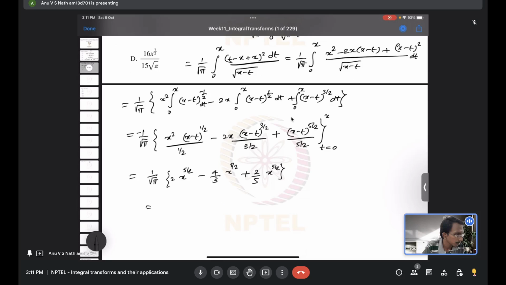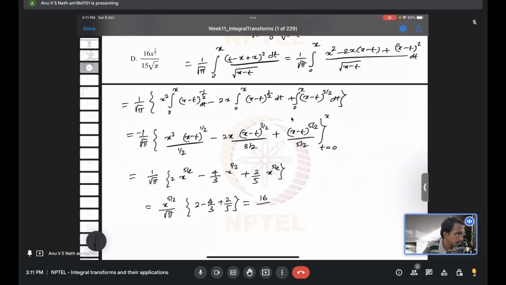So now if we simplify this, x raised to 5 by 2 we can take common outside, then just 2 minus 4 by 3 plus 2 by 5. So which is 2 into 5 by 5 minus 4 by 3 plus 2 by 5. So 30 minus 20 plus 6 by 15, so 16 by 15.